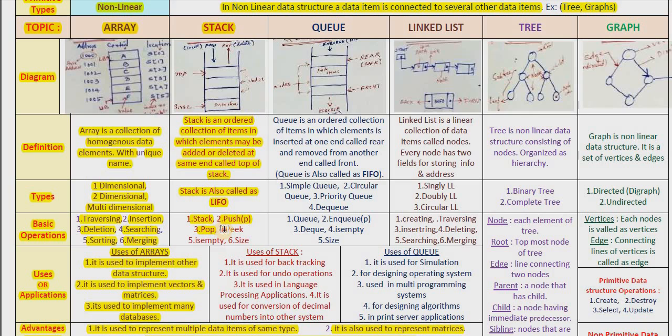Next, peek checks what value is stored at the top of the stack. Next, isEmpty checks whether the stack is empty or not. Then size checks how many values are stored in the stack.